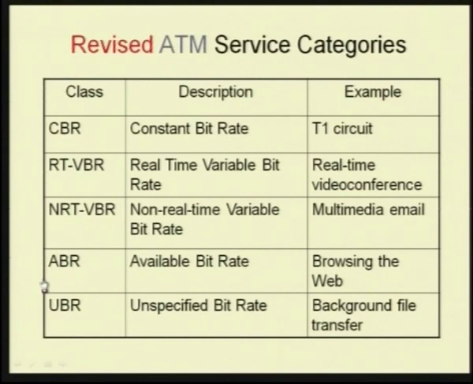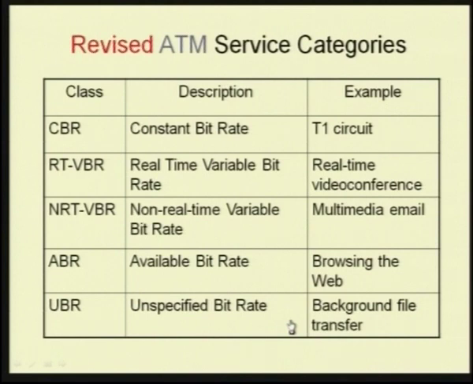Next category that we look at is available bit rate, ABR. What we mean by this is whatever available bit rate is there, that could be used. So, typically when you are browsing the web, you are not looking for any specific guaranteed bit rate, but you use whatever bit rate is available to you. So, that is called ABR. ABR is provided more for these kind of applications. And then we have something called UBR, which is unspecified bit rate.